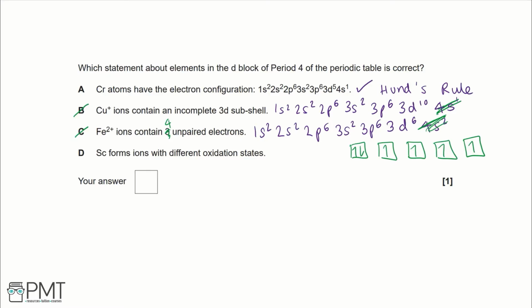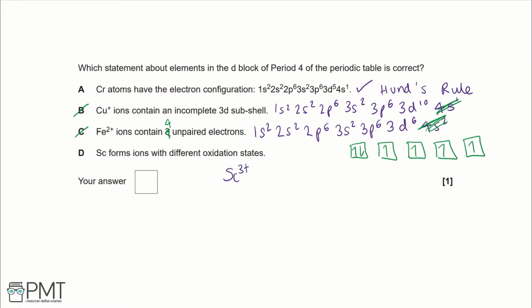And finally, looking at D, scandium doesn't have different ions of oxidation states because this is a trait of a transition metal and scandium doesn't count as a transition metal. This is because it doesn't lose electrons to form an ion with an incomplete d subshell. Instead, the most stable ion for scandium is scandium 3+, which doesn't have an incomplete d subshell.